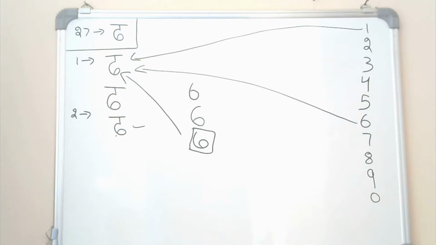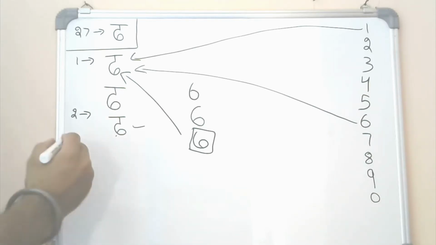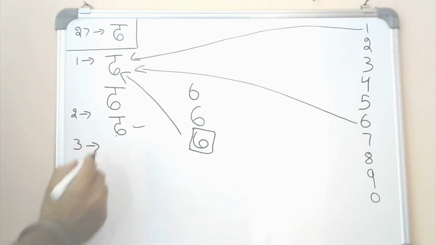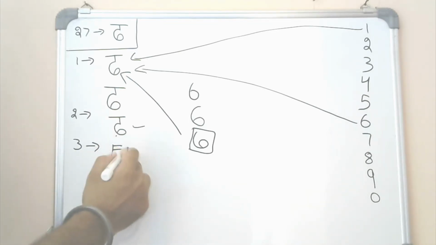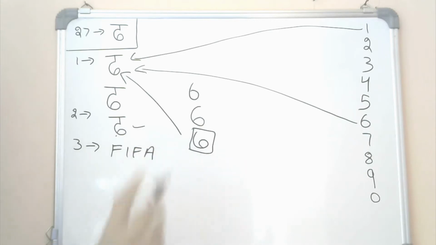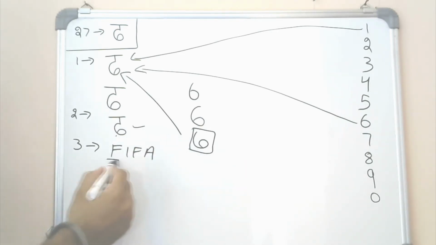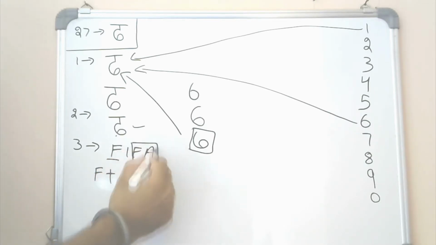The third step is pronunciation. Pronunciation of this letter is, we have this word, right? FIFA. What I'm going to do is get the sound of this f plus this sound fa.